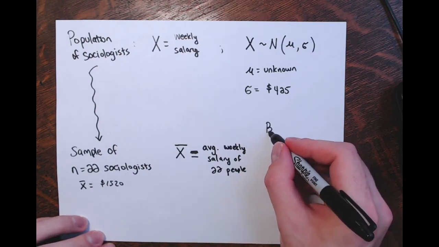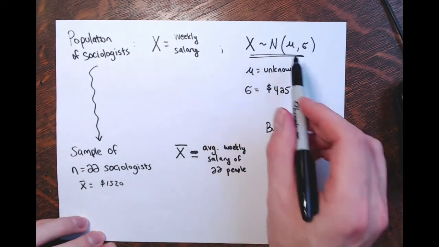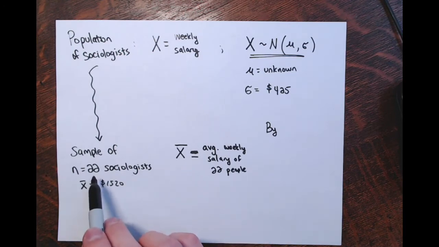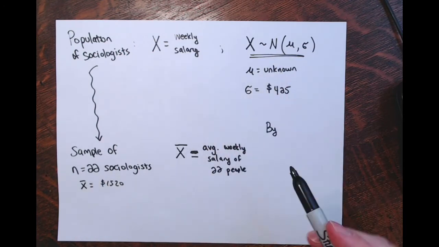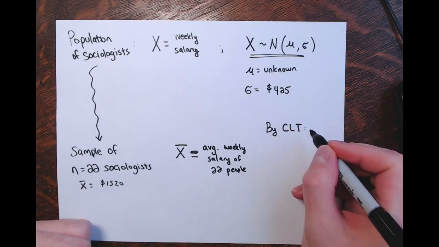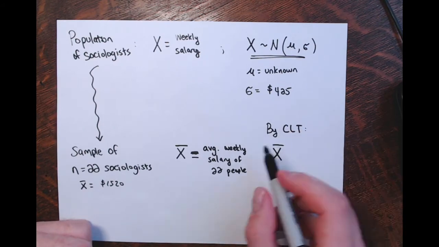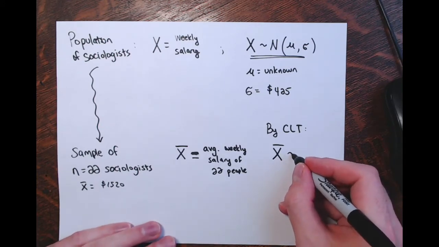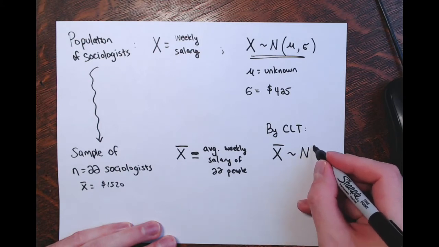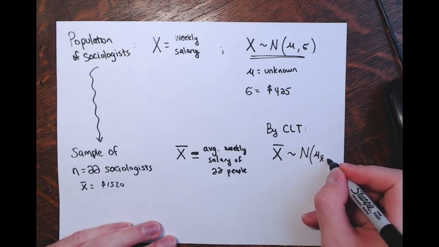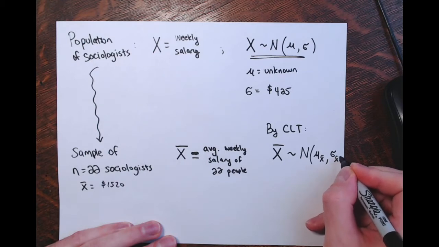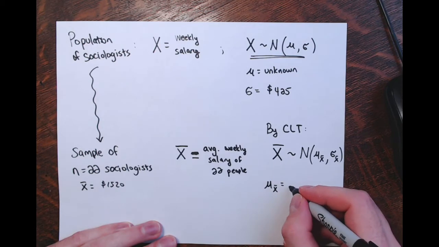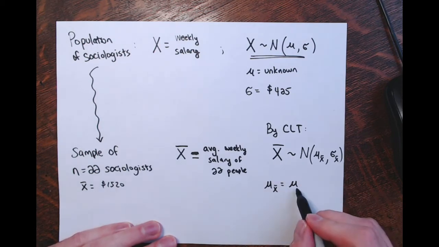Now, because the population we were pulling from was normally distributed, even though the sample size is not 30 or greater, by the central limit theorem, the distribution of all these sample means for samples of size 22 would be normal, with a mean of mu sub x bar and a standard deviation of sigma sub x bar, where mu sub x bar is the mean of the population, but we don't know this.